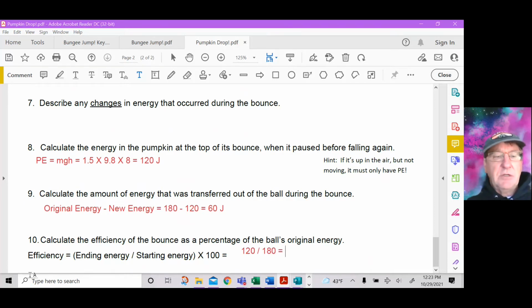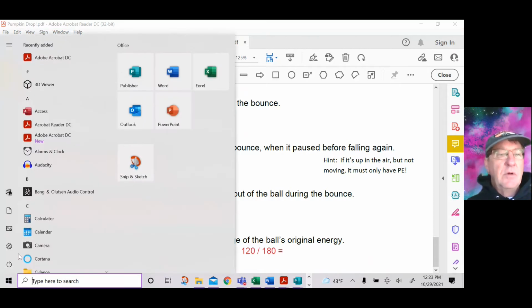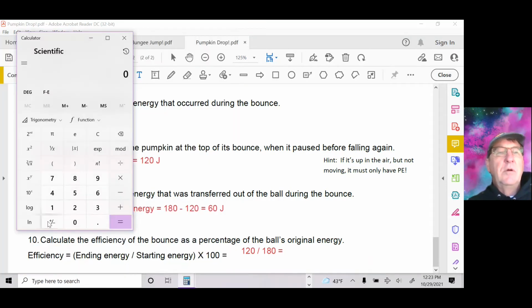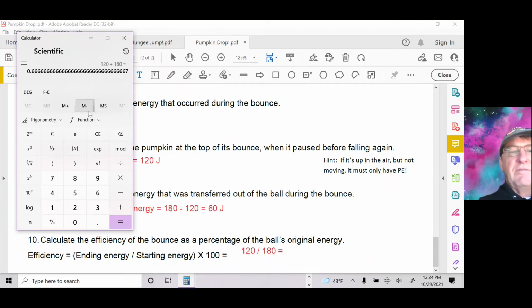What does that make? Let's look at the calculator again. 120 divided by 180. Hit the equal sign. 0.666 forever. I have to multiply that by 100 to change it to a percentage.